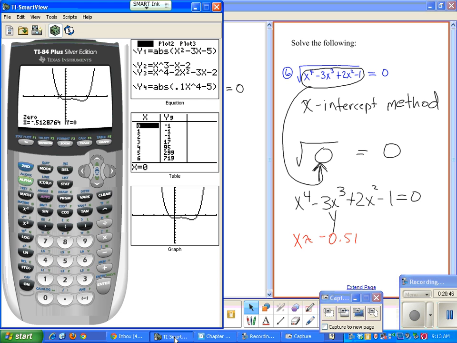Okay, now let's move back and find the other one. Second, calc. Number 2. And got to move a little closer to it.